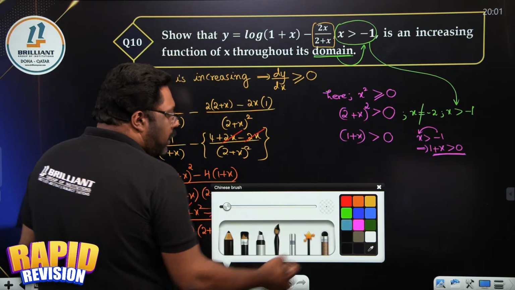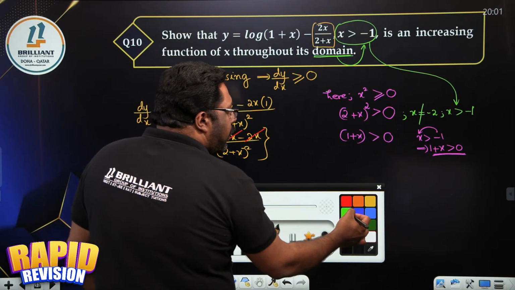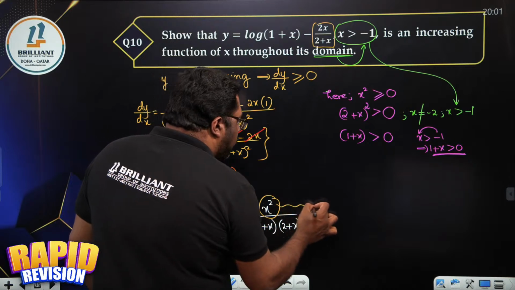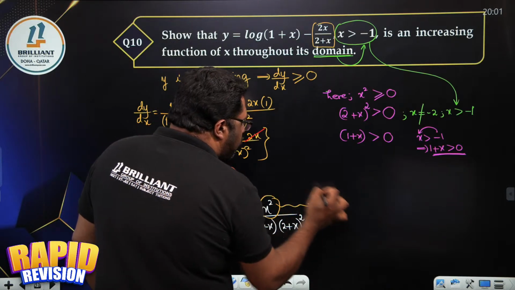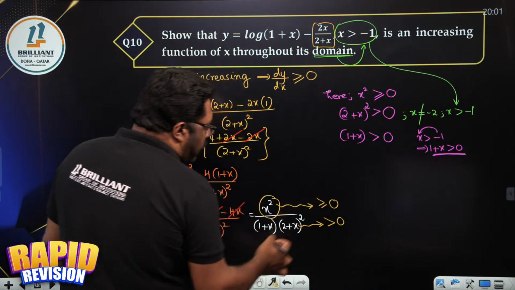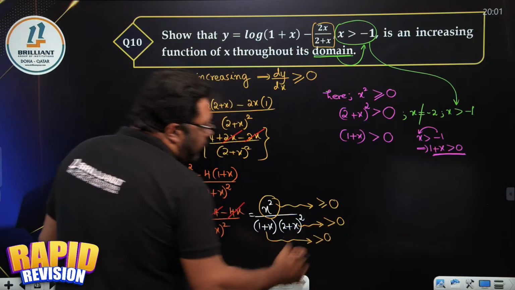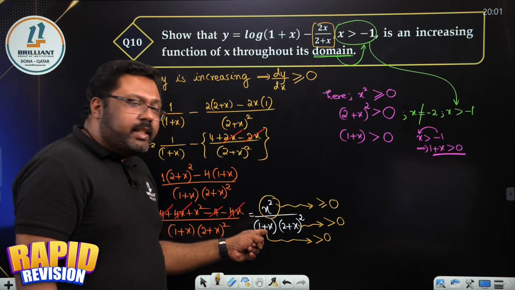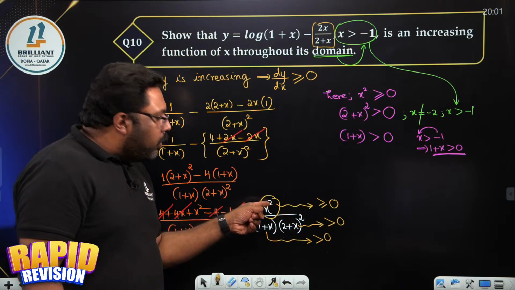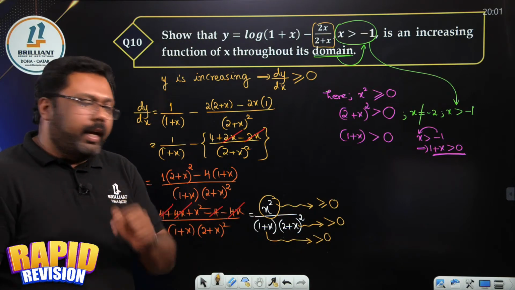Now look at my expression. This is the explanation for your answer, my dears. You've seen that this part is greater than or equal to 0, this part is strictly greater than 0, and this part is also strictly greater than 0. Positive by positive is always positive.